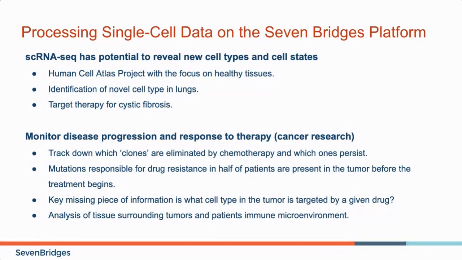Another application of single-cell sequencing would be to monitor disease progression and response to therapy, which is highly utilized in the area of cancer research. You can perform trajectory inference to track down which clones or cells are eliminated by chemotherapy and which ones persist or become resistant over time.